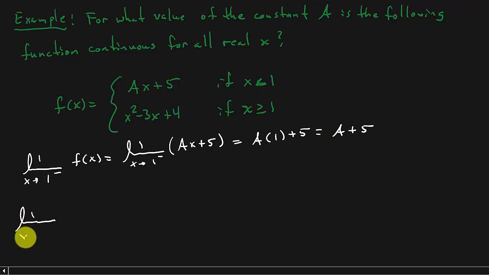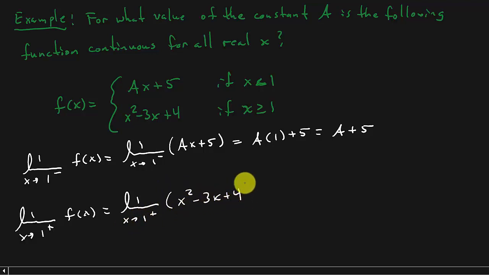And then the limit as x approaches 1 from the right of f of x is the limit of x squared minus 3x plus 4, which is 1 squared minus 3 times 1 plus 4, which is equal to 2.